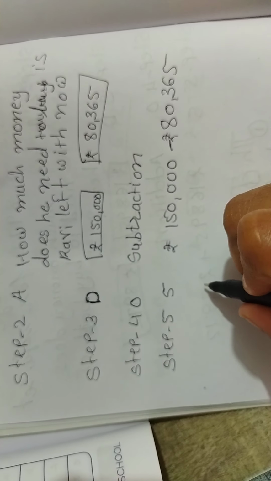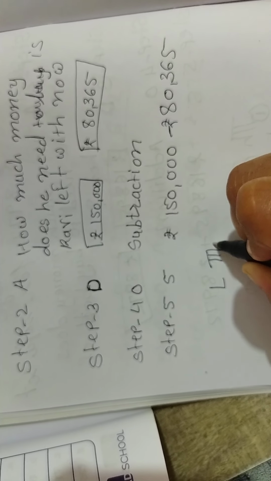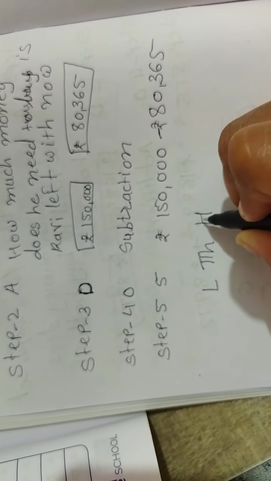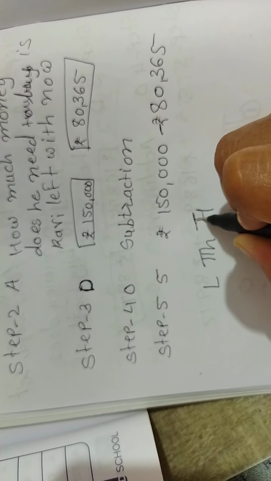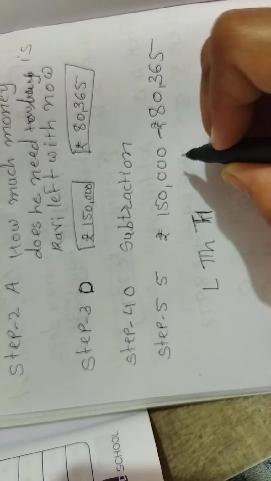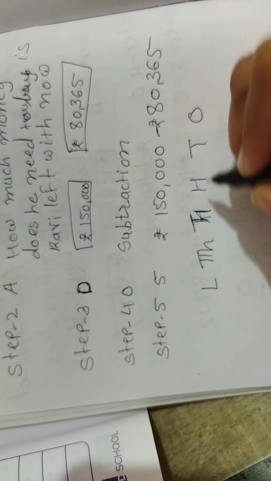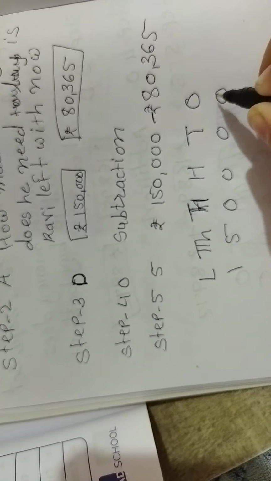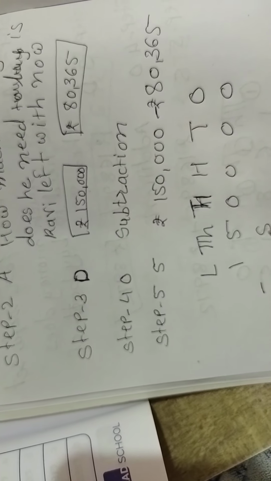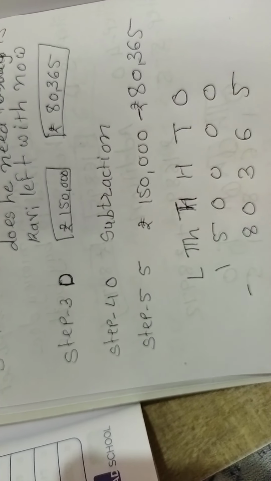Now we have to write here lakhs, 10,000s, 1,000s, 100s, tens and ones. 1,15,000 minus 18,365.